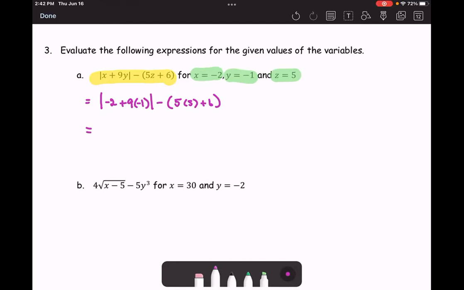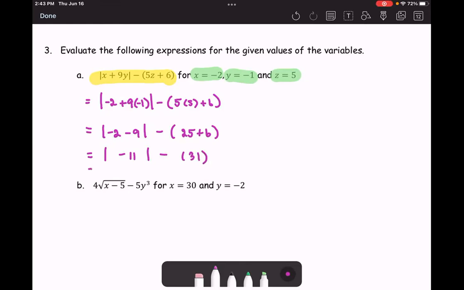the numbers. We have the grouping symbols. See the first group, absolute value of -2 plus 9 times -1, which is -9, subtracted by the second group, 5 times 5, that is 25, plus 6. Inside of the absolute value, -2 minus 9, that is -11, subtracted by 25 plus 6, that becomes 31.